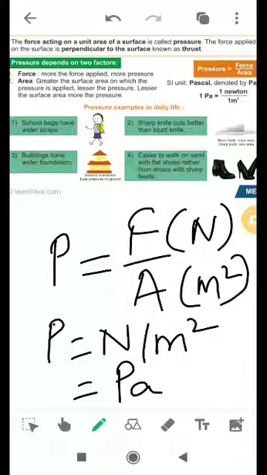You can easily walk with flat shoes, but it is very difficult if you walk with a pencil heel or high heel shoes, because it creates pressure on your ankle. All right, so these are the daily phenomena in which you experience pressure.